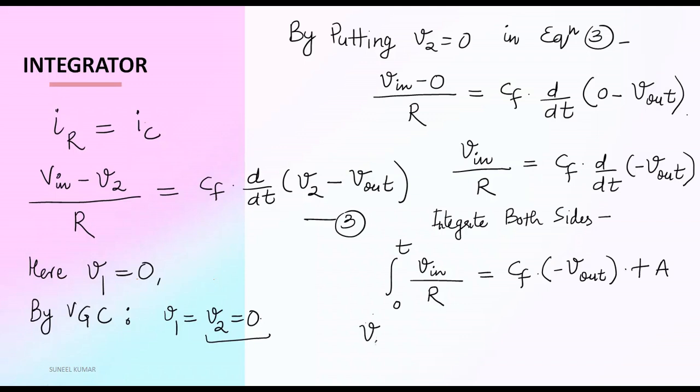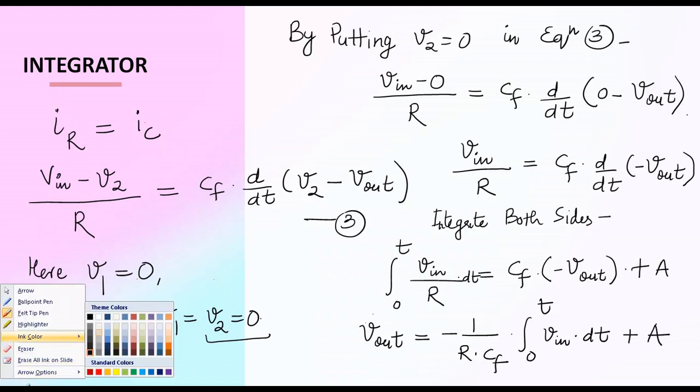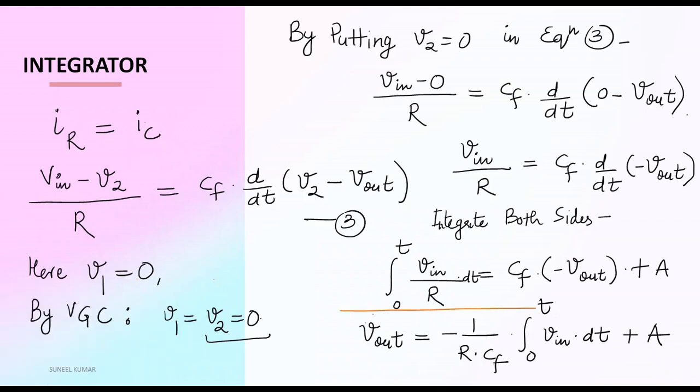So this will become V output is equal to minus 1 upon R into CF, then we have integration from 0 to t of V input into dt, plus a constant A. So this becomes the final output equation of the integrator, where we can see the output is the integration of the input signal, and this is the constant.